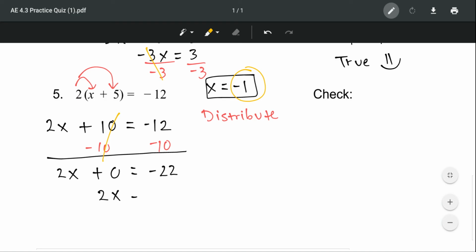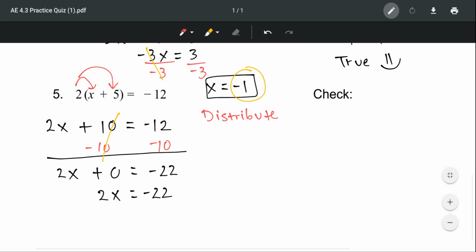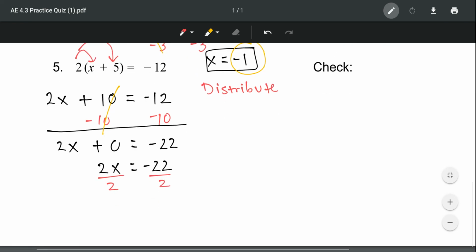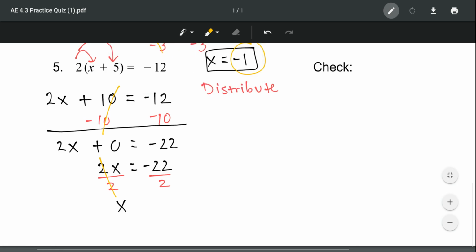So 2x equals negative 22. Divide both sides by the number in front of the x, which is 2. The 2's would cancel out on the left side, and you're left with x is equal to negative 22 divided by 2 would be negative 11. So x equals negative 11.